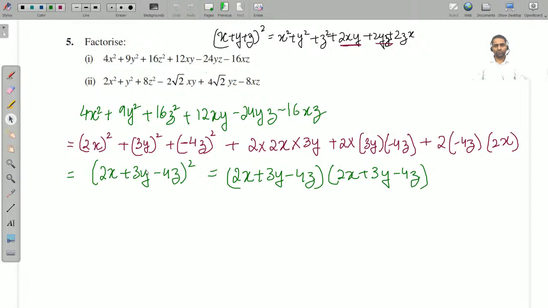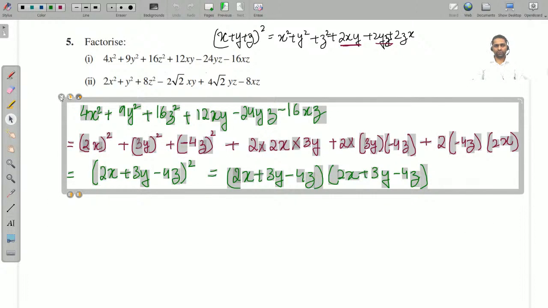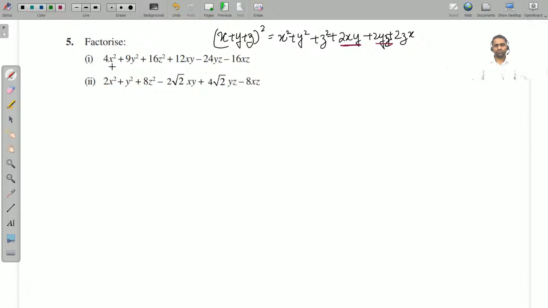Now coming over to the second part of this question. Now 2x square, I have to write 2x square as a whole square of something. Okay, so now you can write 2 as square root of 2x whole square. Okay, remember this thing.